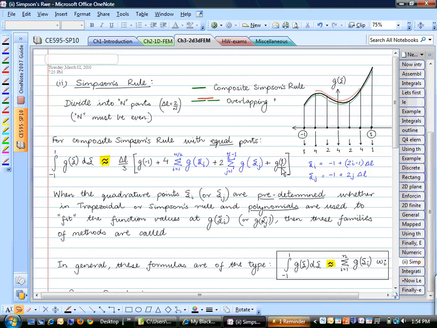There are certain nodes which belong to the middle point of the quadratic approximation, between these 3 nodes. The middle points all get a weight of 4. All the points that join 2 quadratic curves get a weight of 2. So that's the 4 weight here and the 2 weight here.